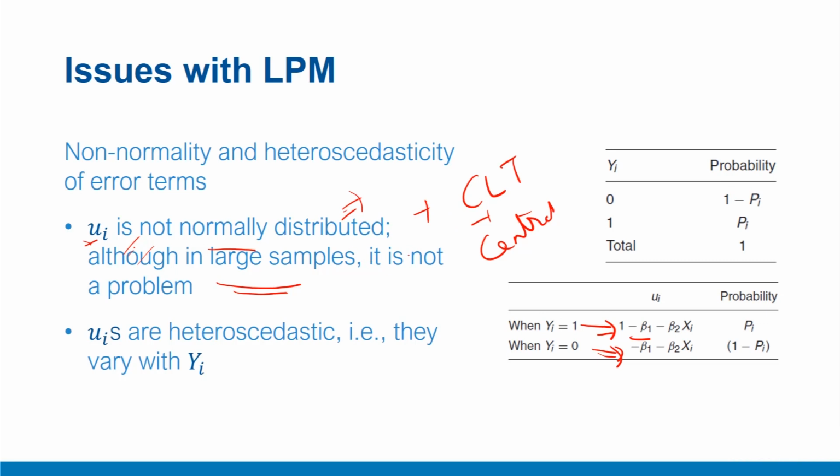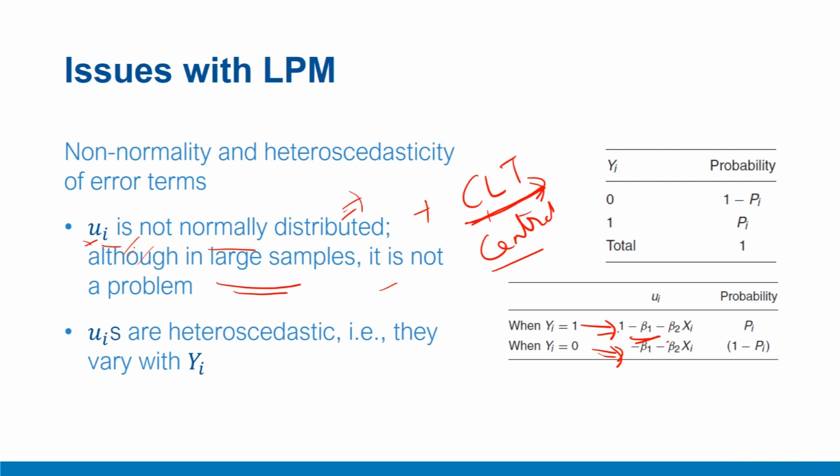But if you have large samples, in repeated sampling your estimates of beta 1 and beta 2 will be normally distributed. This comes from the central limit theorem, and therefore the central limit theorem or CLT ensures that even if mu i is not normally distributed, if you have a large sample, this is not an issue.